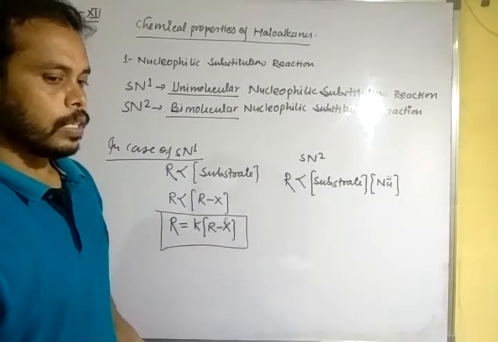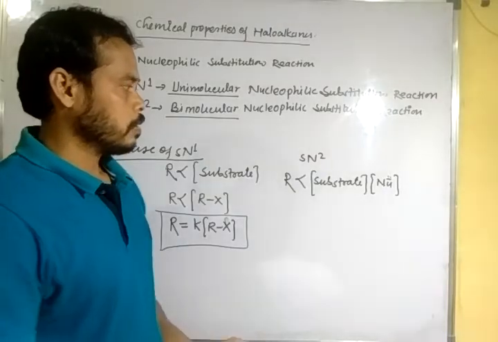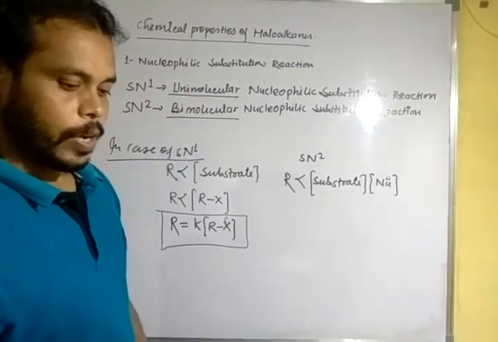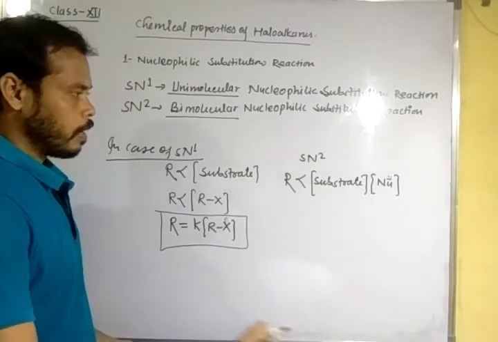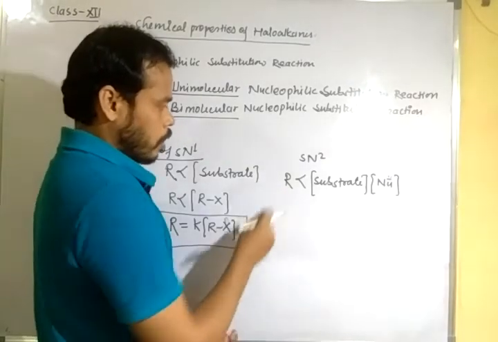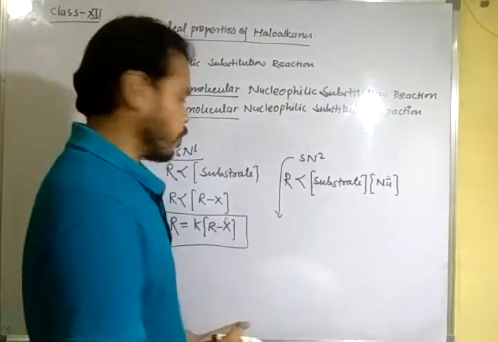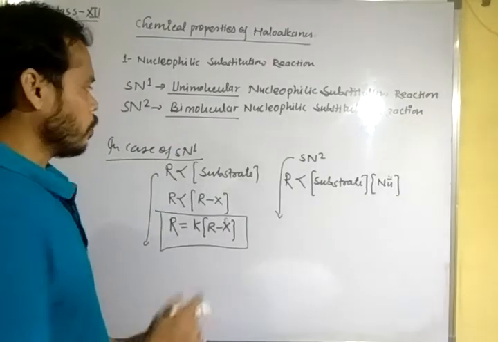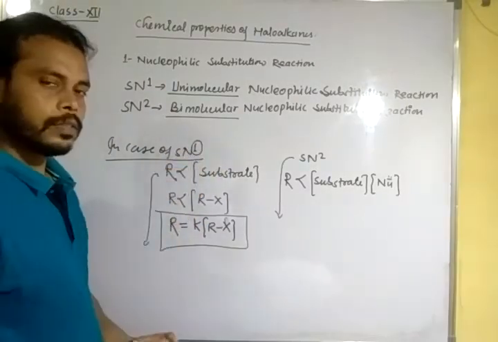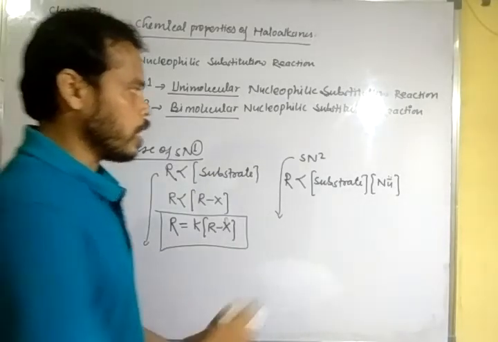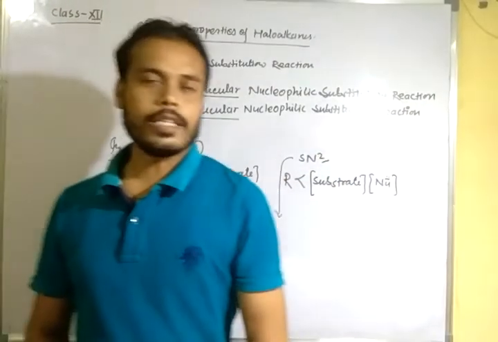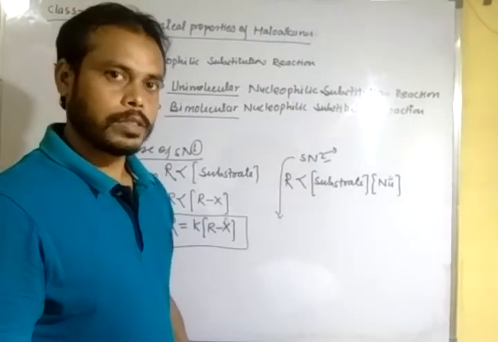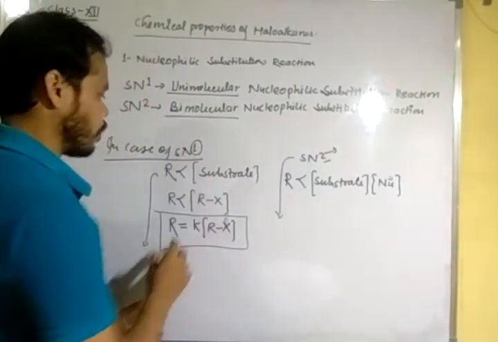In the book of Dr. M.P. Saini it is written that one is a first order reaction while the other is a second order reaction, and that 1 and 2 do not depend upon molecularity. In some other books it is written that 2 stands for molecularity and 1 stands for molecularity.